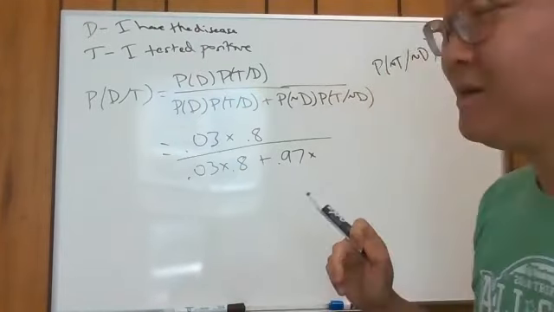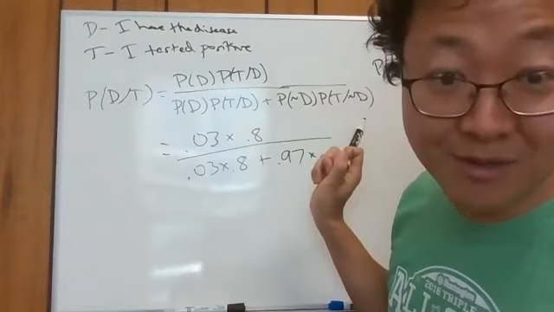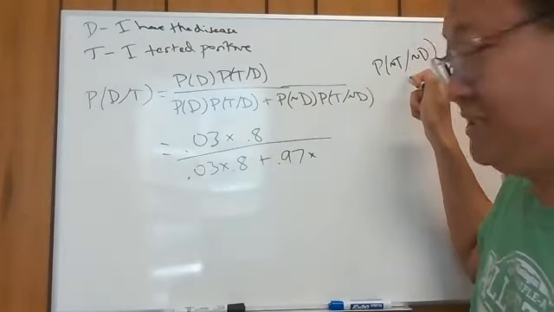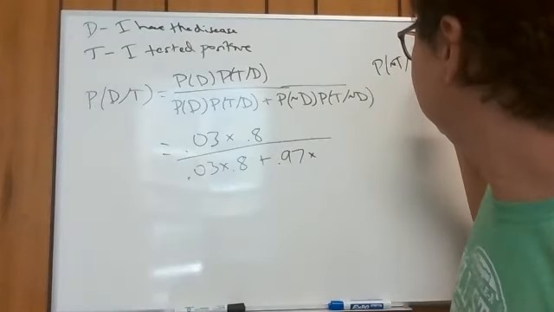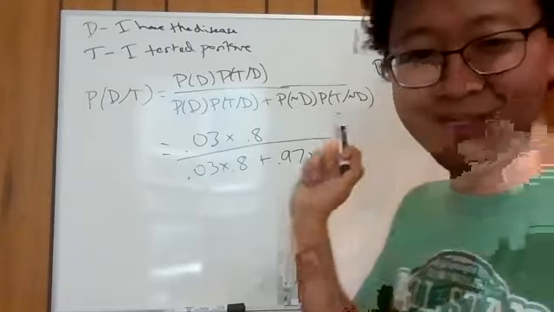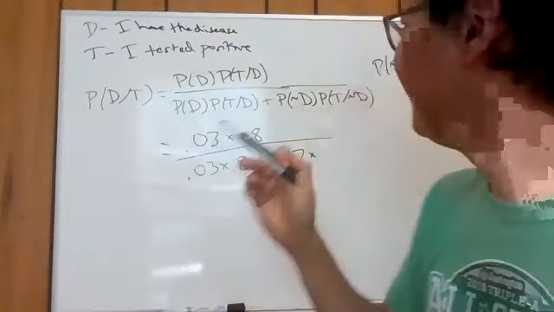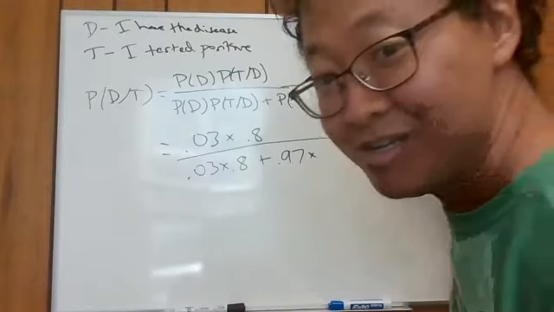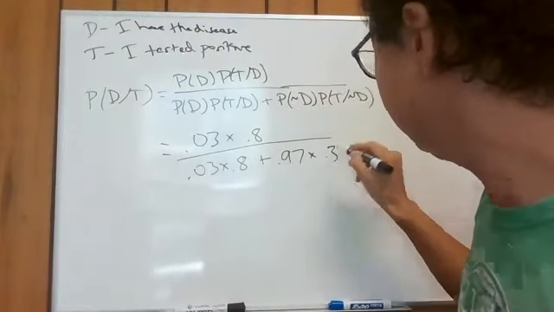So the test will 70% of the time correctly say you don't have the disease if you don't have it. So that's 0.7. That means the other percent of the time, it'll say you do have the disease when you don't have it. That's going to be 0.3.